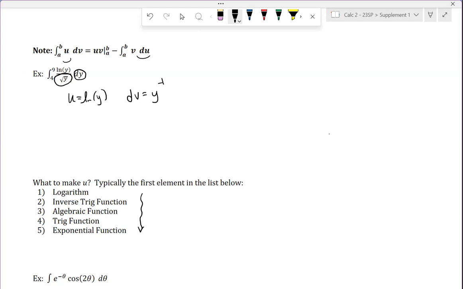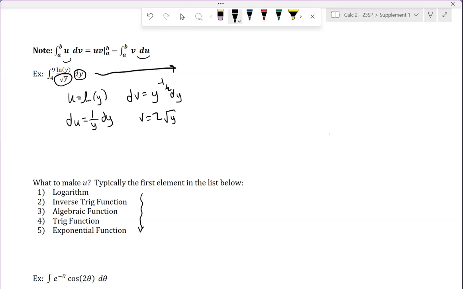Or that's y to the minus 1/2 dy, and that's what dv is. du is 1 over y dy, and v, well, I add 1 to the power, so that's y to the 1/2. And then I divide by 1/2, so I multiply by 2.